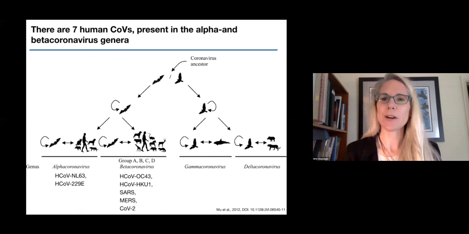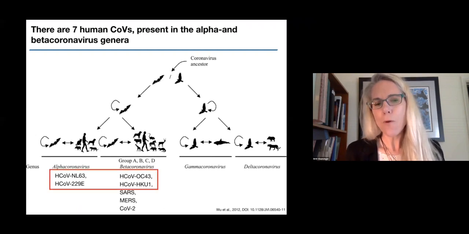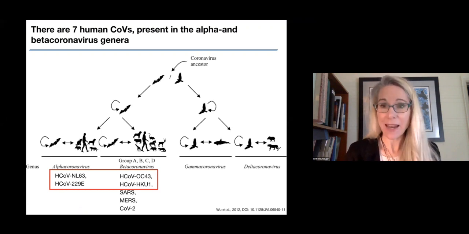We know, of course, that there are 7 human coronaviruses, and these are present in 2 of the 4 known genera of the Coronaviridae family, the alpha coronaviruses and the beta coronaviruses. And 4 of these 7 viruses are actually widely circulating in the human population and have been in the human population for a long time.